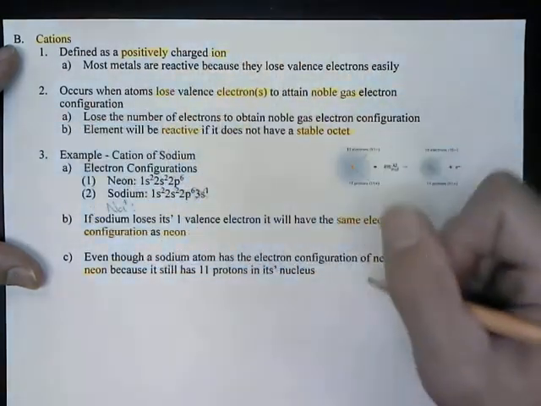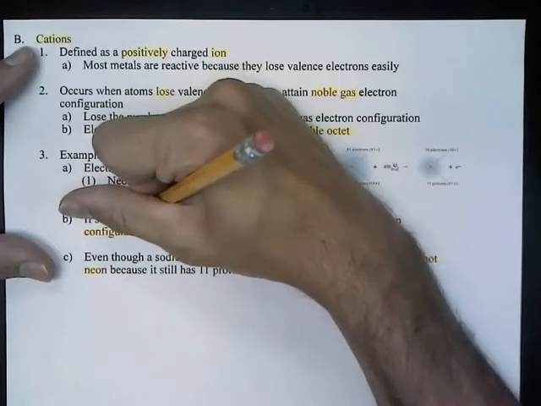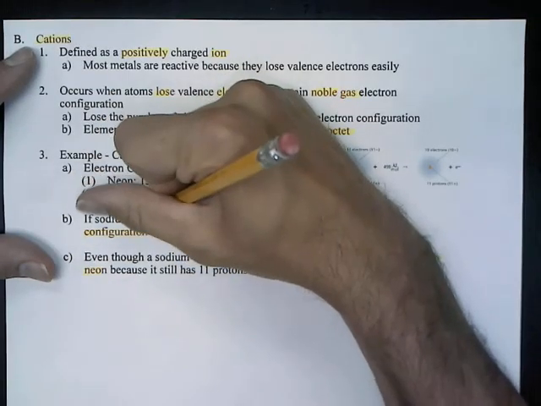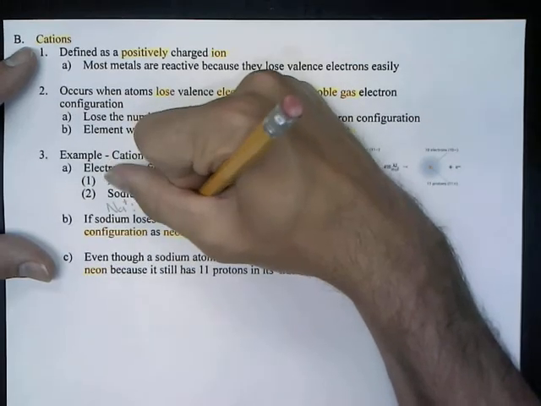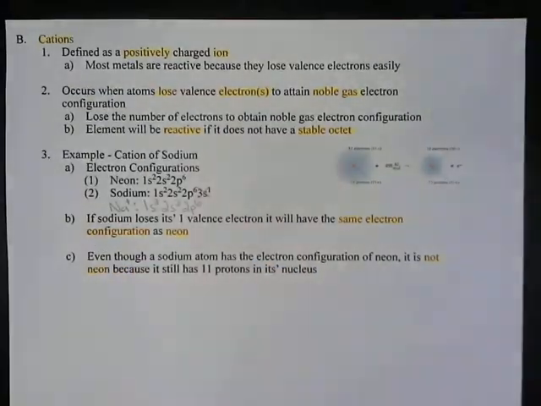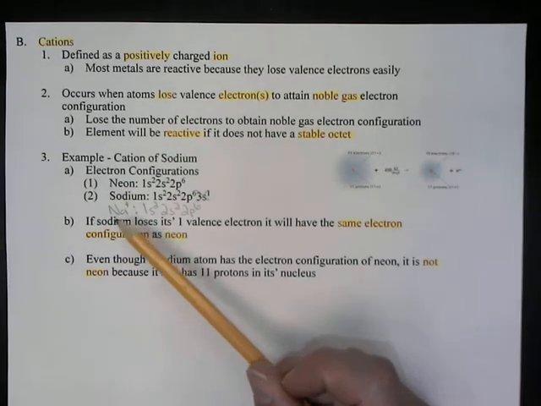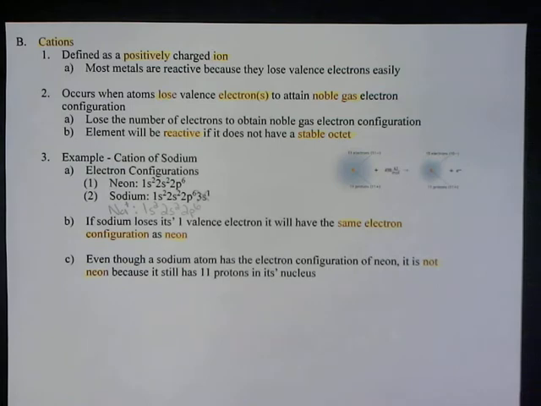The Na plus electron configuration will look exactly the same as neon. So how do we distinguish sodium from neon? Remember, each element has a unique number of protons, and sodium is still sodium because sodium has 11 protons, whereas neon has 10 protons.